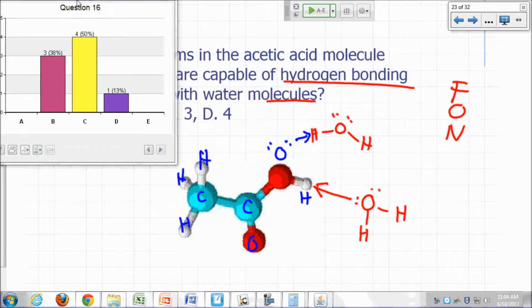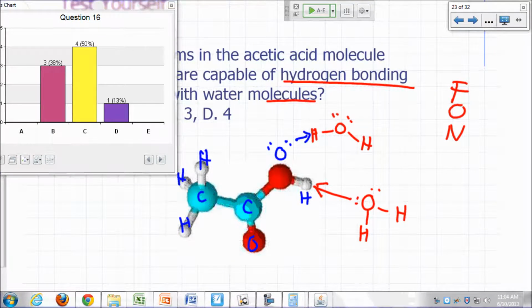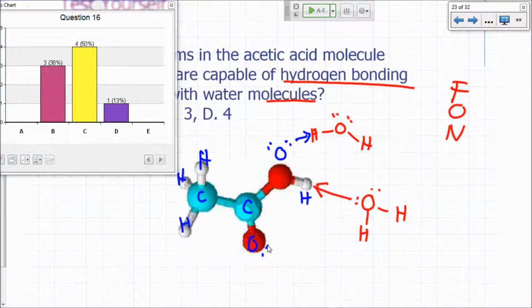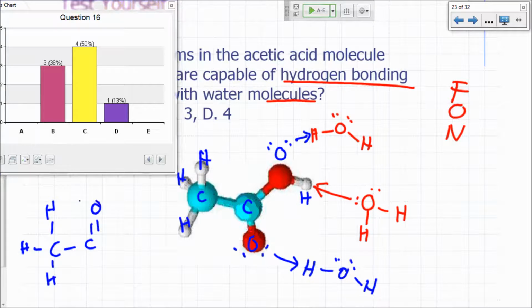Where's the other one? Here's another oxygen atom, so it's got 2 lone pairs, so that would be attracted to a water molecule by way of the water molecule's hydrogen. Anything else there that has a lone pair? That's it. CH3COOH is this structure right here.